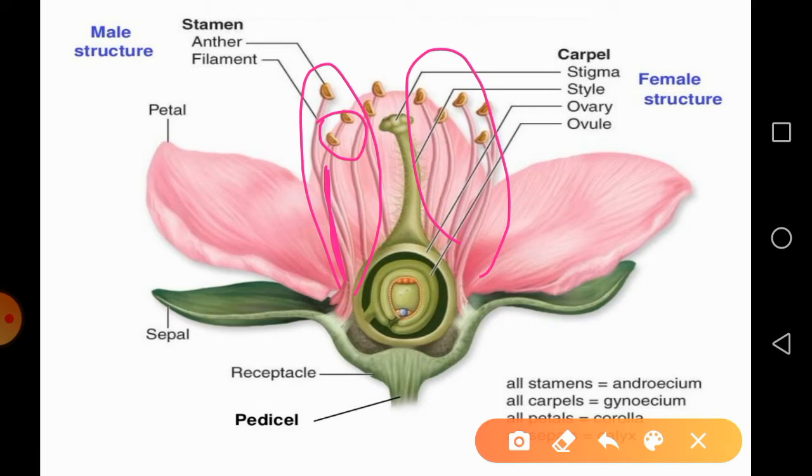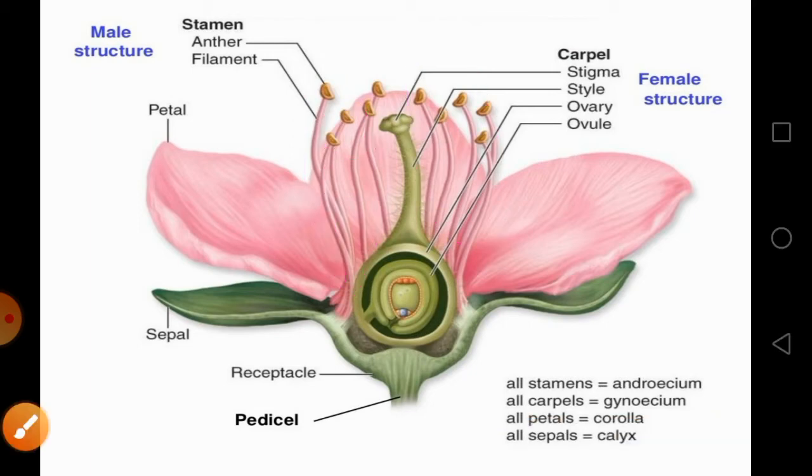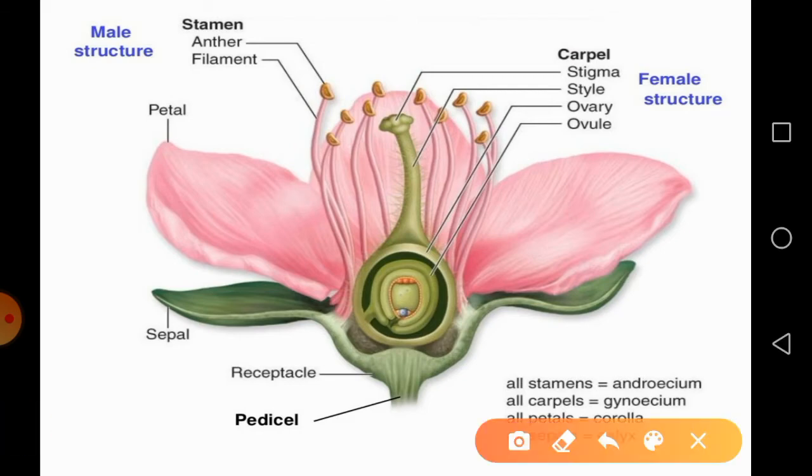Then the last, innermost, or fourth whorl is called the female whorl or gynoecium. The individual unit is called a carpel. If you have a group, then that is called a gynoecium. This carpel consists of three parts: the ovary you can see here, then the style and stigma.